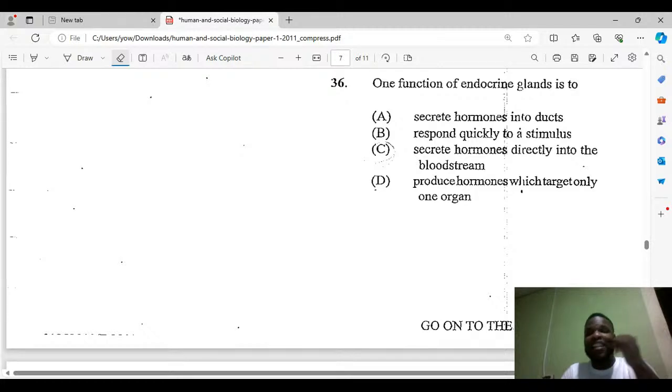So endocrine gland is specific, right? Specific. Endocrine gland is specific as it goes directly into the bloodstream, right?